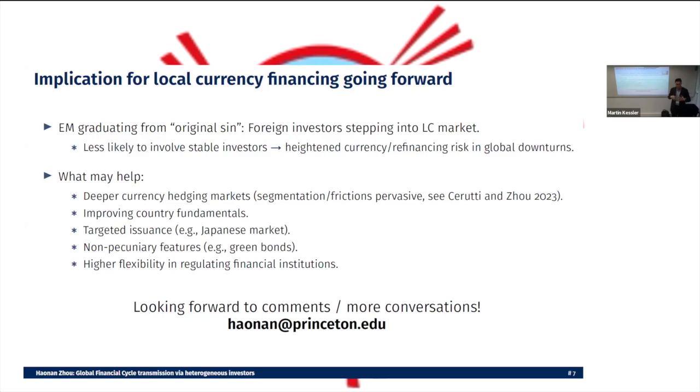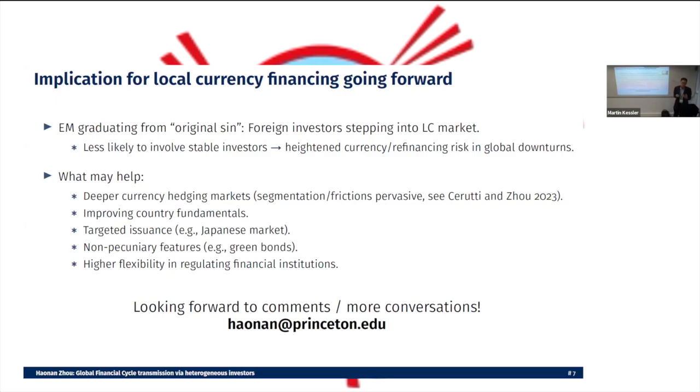Essentially what happens is that the increase in the share of foreign investors, and an increase in the sensitivity of local currency credit spread to global factors, is potentially associated with the fact that the mutual funds, the ETFs, these relatively unstable investors are heading into these local currency markets.